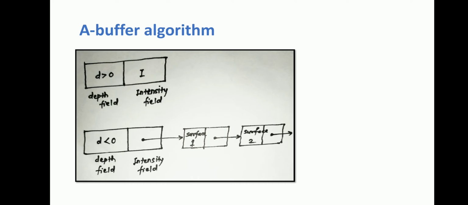The intensity field stores the linked list of surface 1, surface 2, surface 3 information, such as the RGB intensity value and the transparency of each surface, and based on that the value is calculated. So the A buffer algorithm is useful for finding the intensity of opaque as well as transparent surfaces. It removes the disadvantages of the Z buffer algorithm.